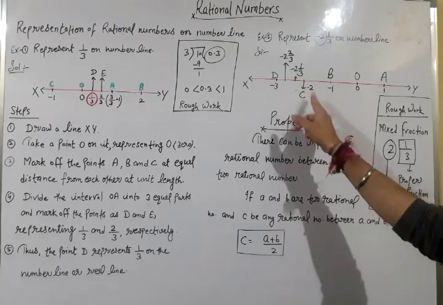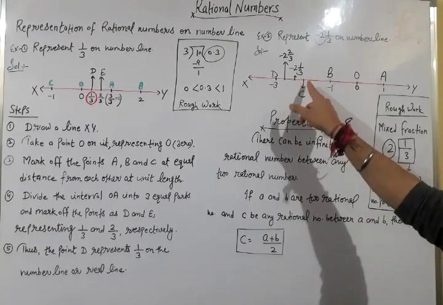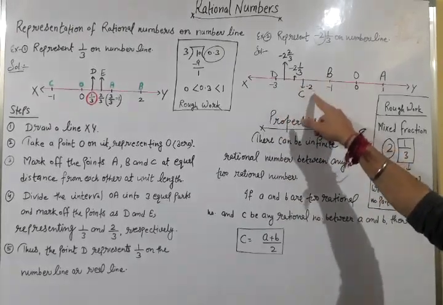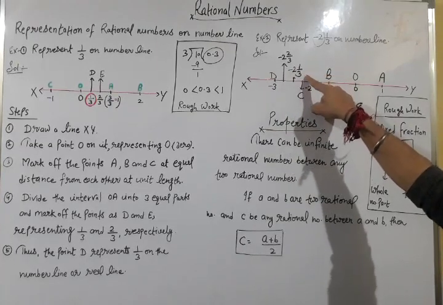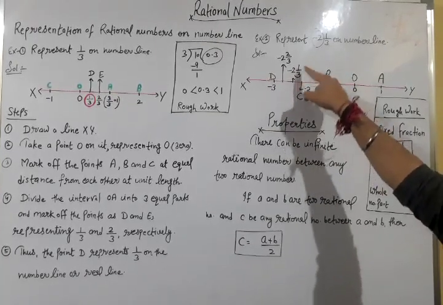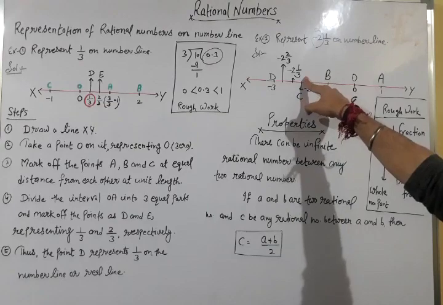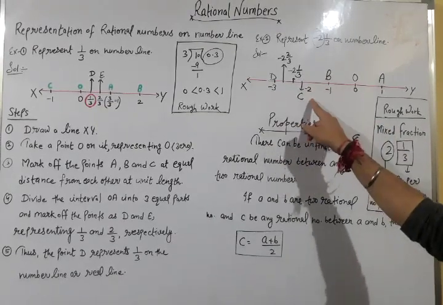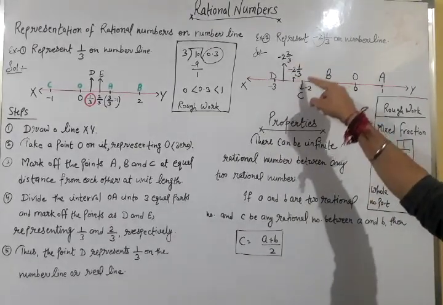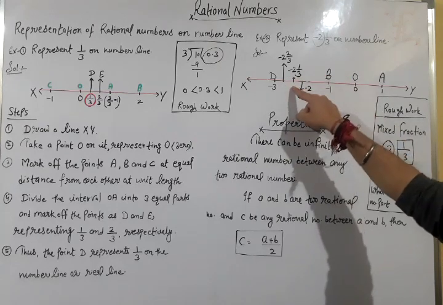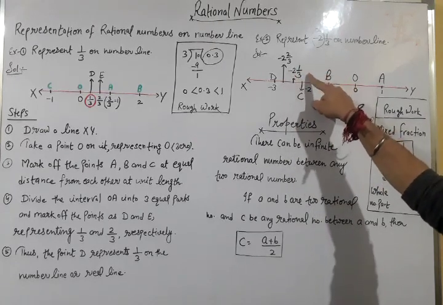And after C, the first interval is represented by minus 2 and 1 by 3 because it is the first part. So it will be represented by 1 by 3 and we are going ahead of minus 2. So the total representation of this point will be minus 2 and 1 by 3.